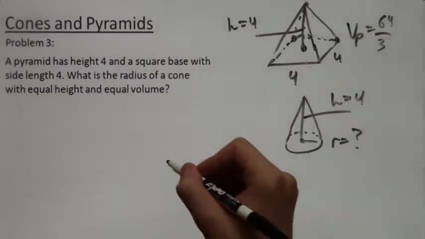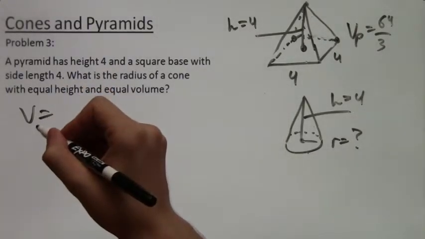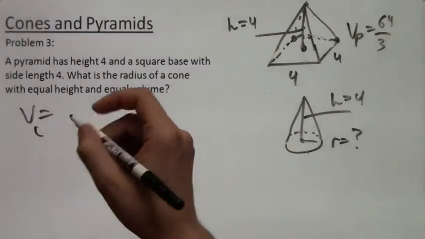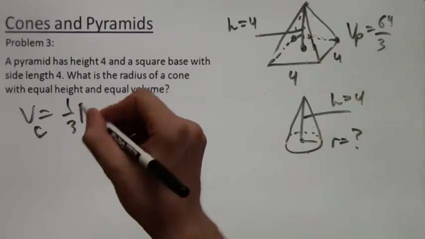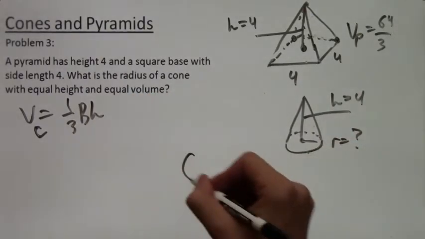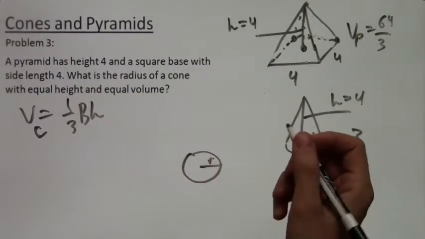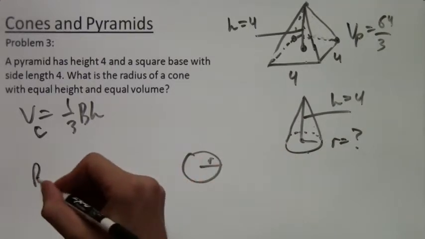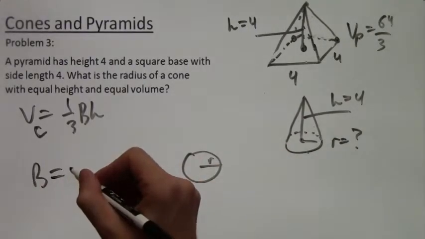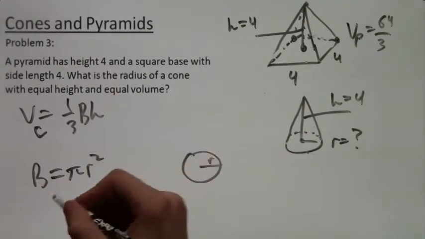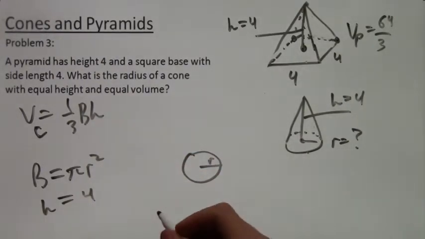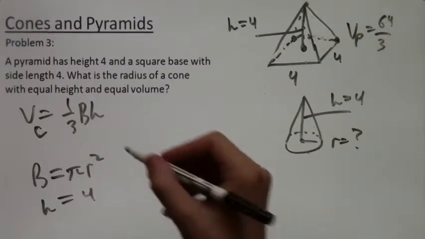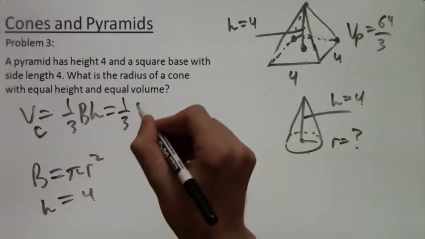So what we would like to do is use that to calculate the radius. So let's write out the formula for the volume of the cone. Well, we know it's 1/3 times the base area times the height. The base is this circle of radius r, so it's got area B equals pi r squared. And r is unknown, so we can't plug anything in yet. The height is 4, that we know. And we plug this into our formula for the volume of the cone.